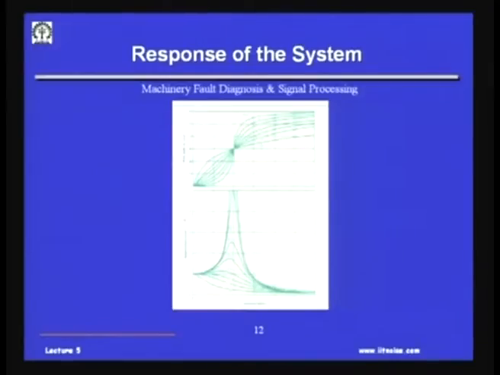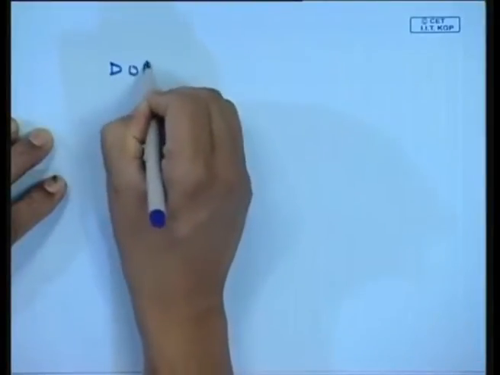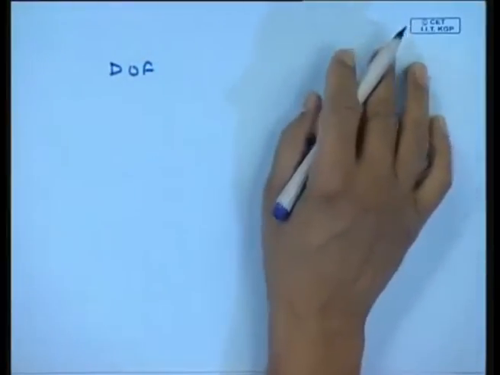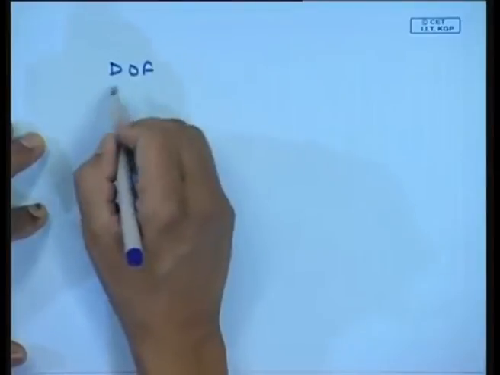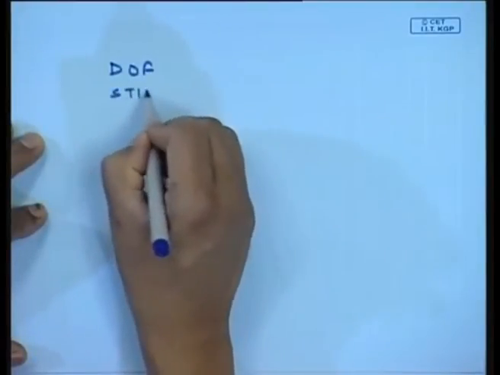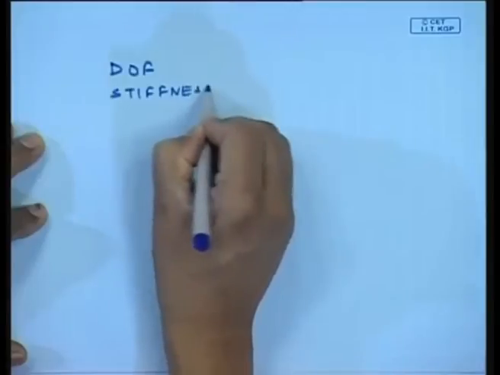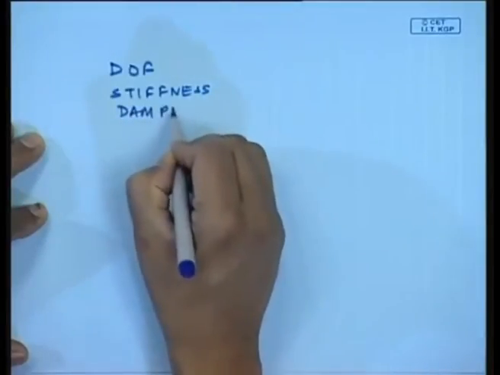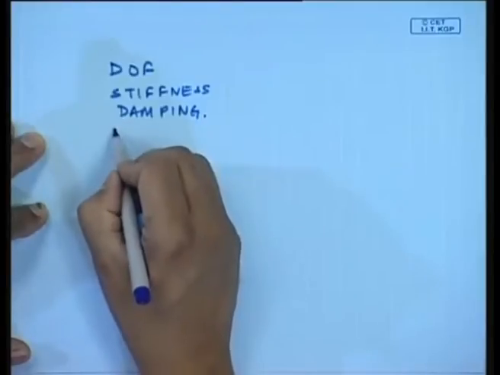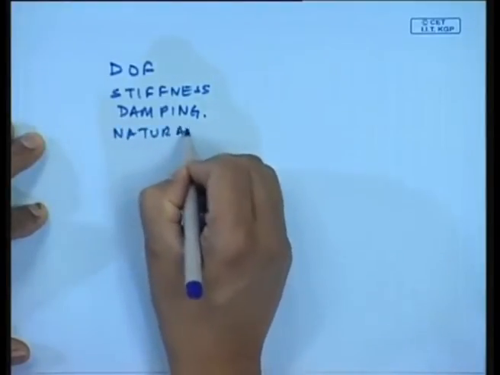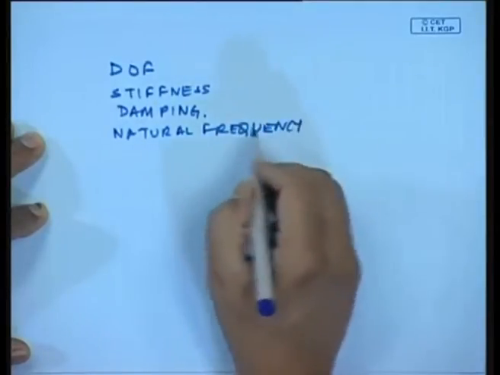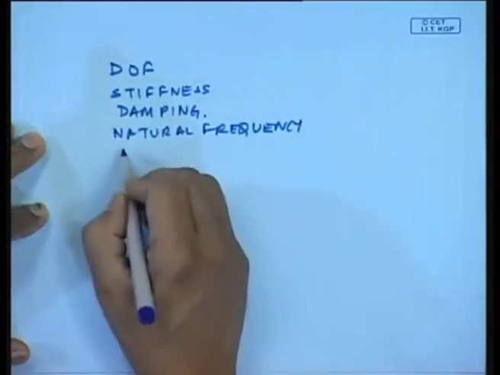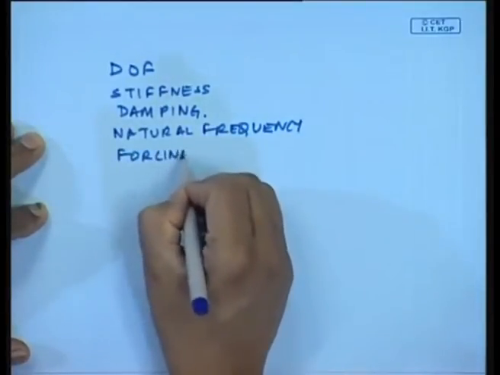So, just to summarize what we have studied in the single degree of freedom system, though I have not talked about the multiple degrees of freedom system yet. Then we talked about the effect of stiffness, damping, and natural frequency, which is a system characteristic, and then the forcing frequency.